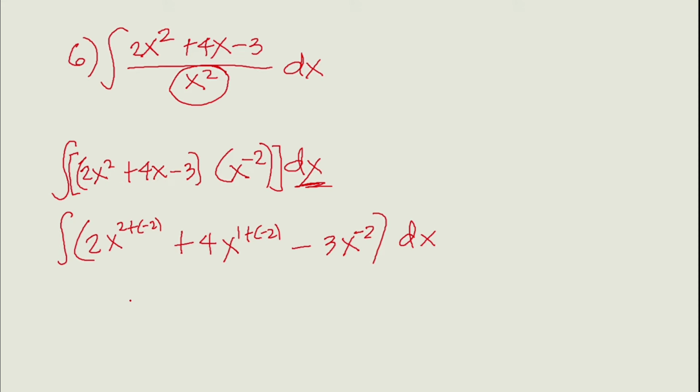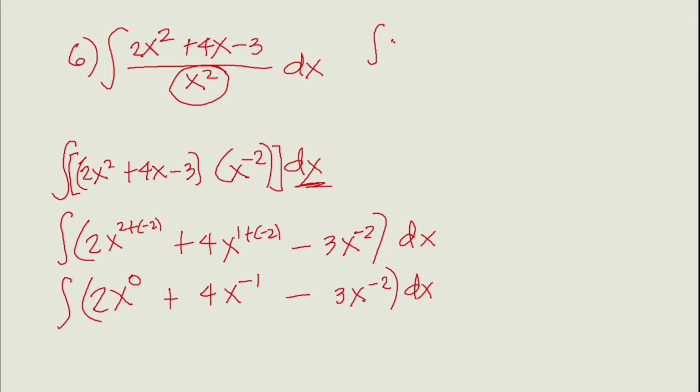So we have here 2 times x raised to 0. So integral of 2 times x raised to 0, that is 1, plus 4x raised to negative 1 minus 3x raised to negative 2, then dx. If we simplify this, the integral of 2 plus 4 over x minus 3 over x squared, then dx. So this is now the simplified form.